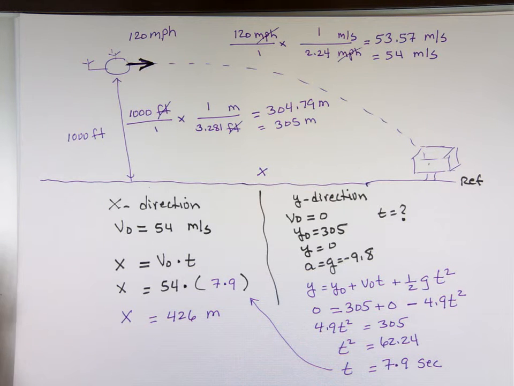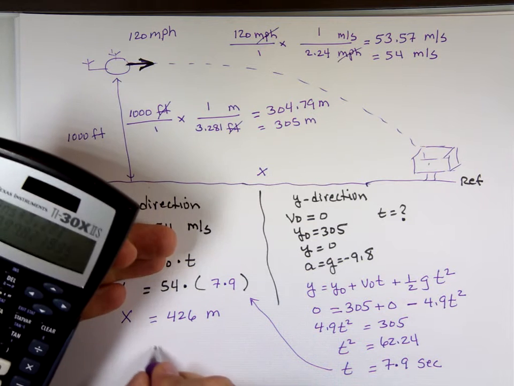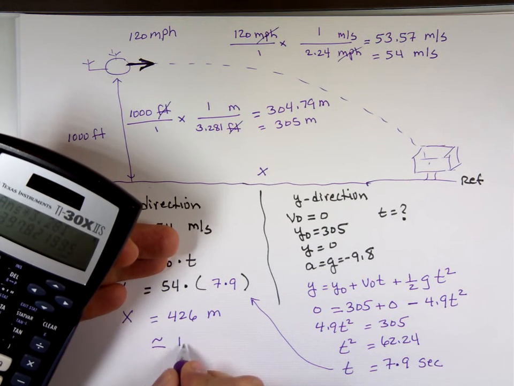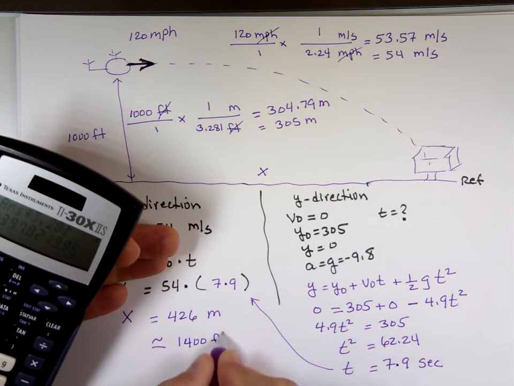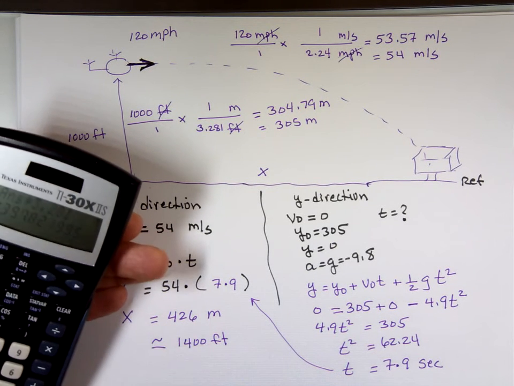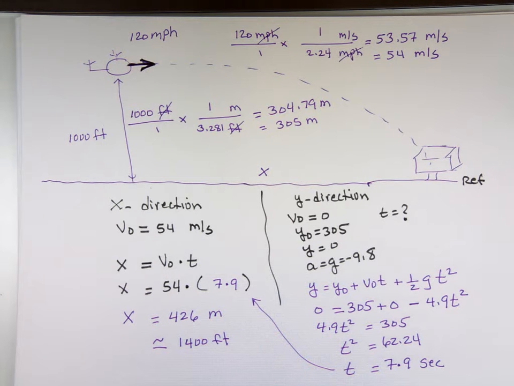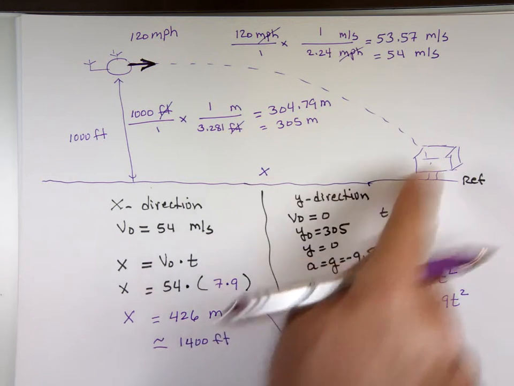When the helicopter is approximately 1,400 feet, it's 1,398. So when the helicopter is 1,400 feet away, you want to drop that package. So somebody got to do the calculation, tell the pilot, when you're approximately 1,400 feet away from that spot there, you release that package, you drop it, it should land right next to the house or on the house.